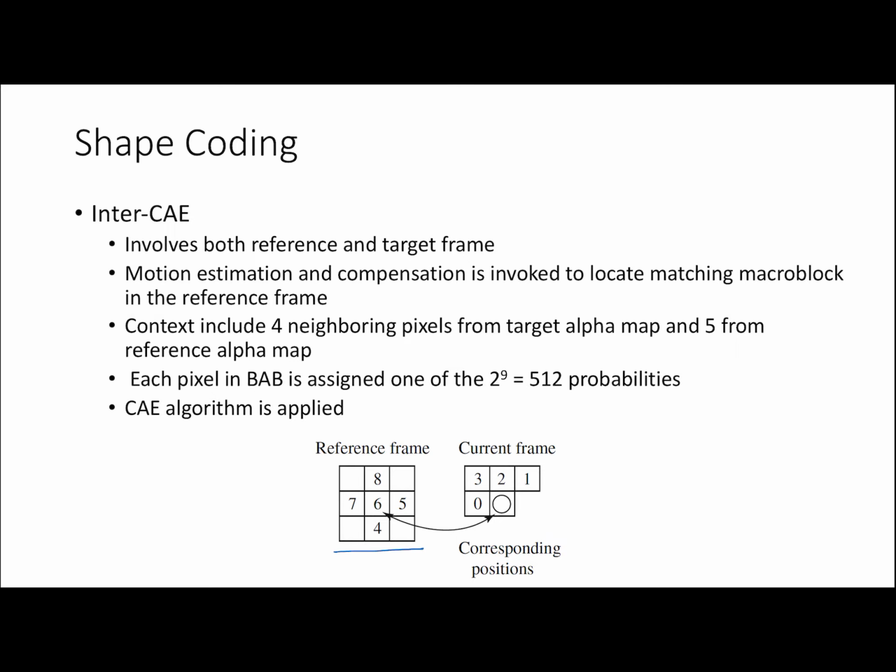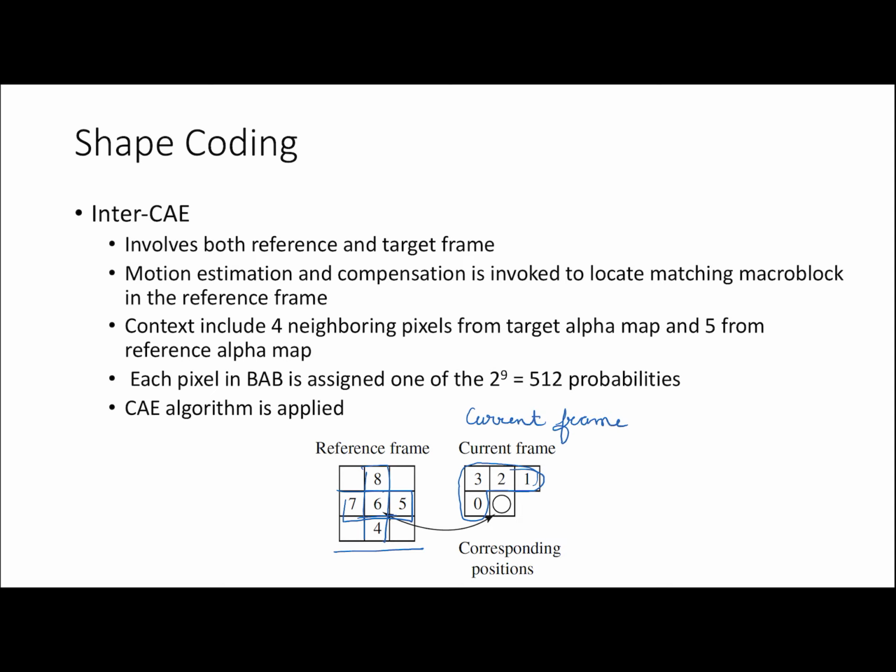If you see this figure, it shows a context for each pixel including 4 neighboring pixels from the target alpha map. Target means the current alpha map or the current frame, and 5 pixels from the reference alpha map.